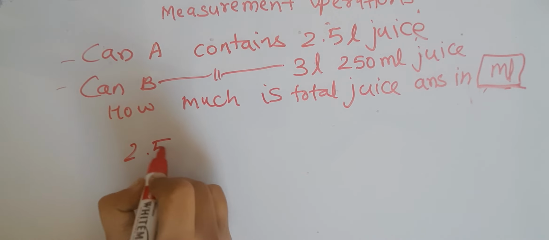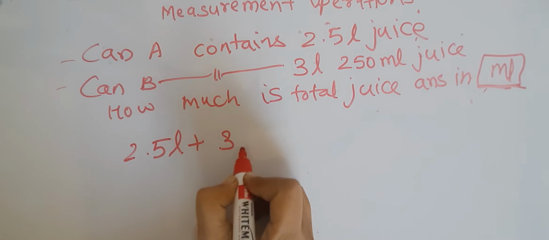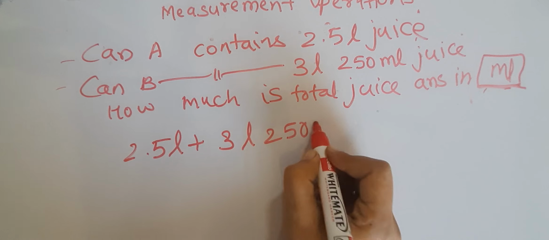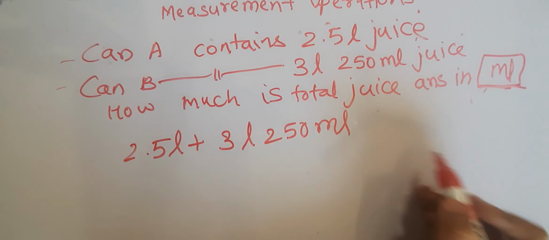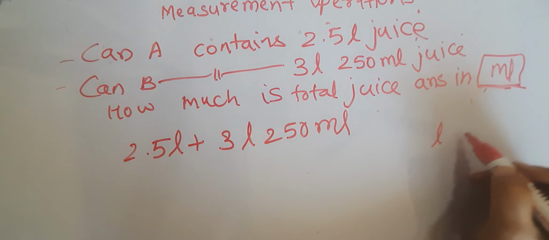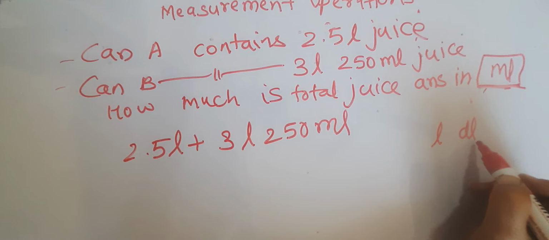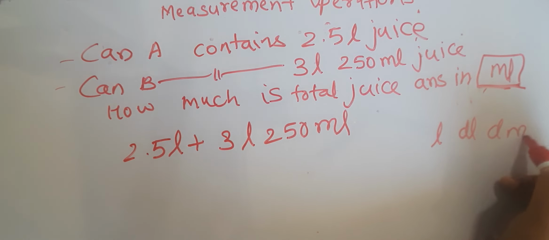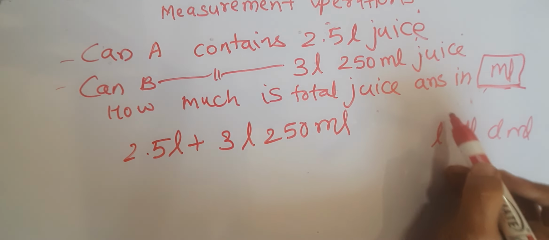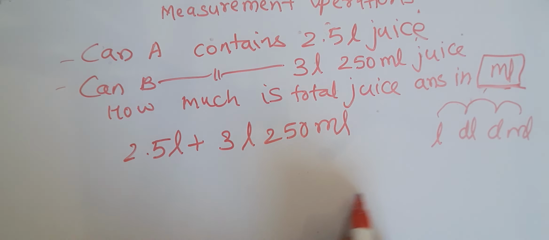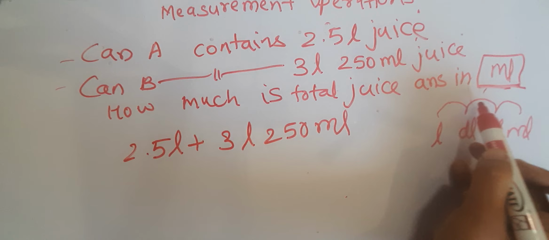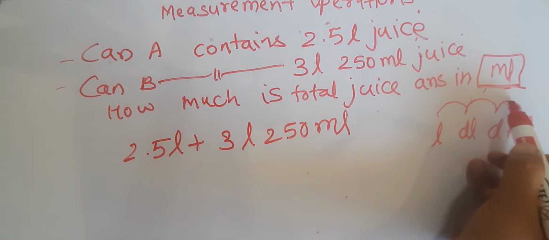So we'll add 2.5 liter plus 3 liter 250 milliliter. Convert it into a smaller unit. For liter we have deciliter, centiliter, and milliliter. We are going from liter to milliliter, that is bigger unit to smaller unit, so we'll perform multiplication by 1000.